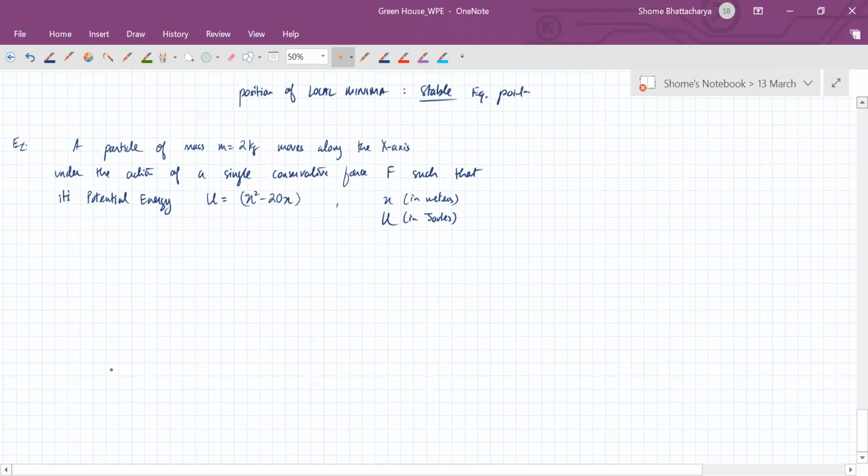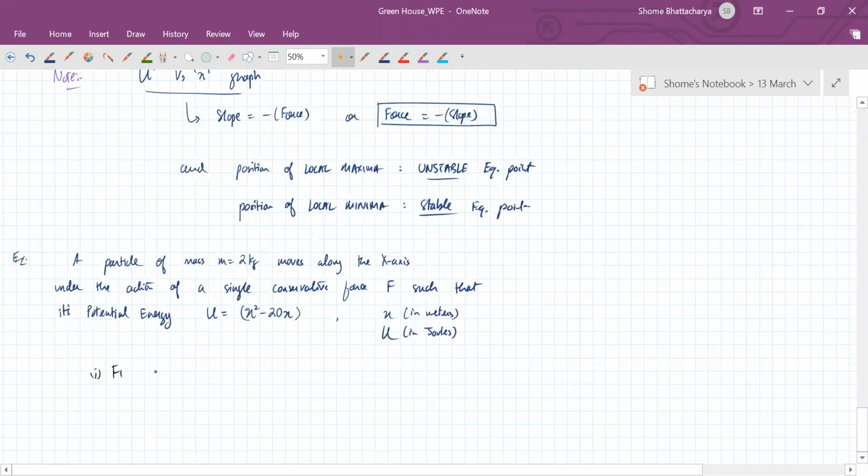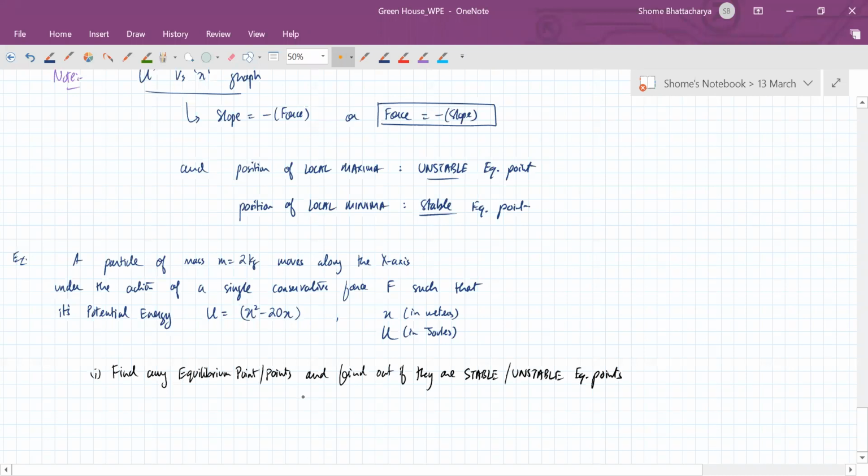So first thing, find any equilibrium points, and find out if they are stable or unstable equilibrium points. Okay.